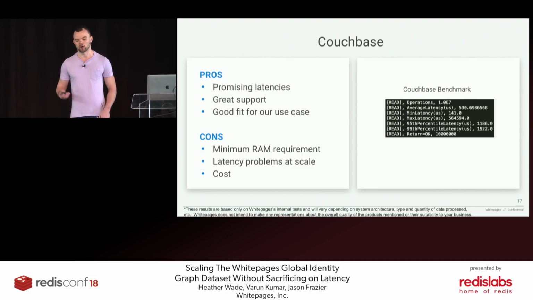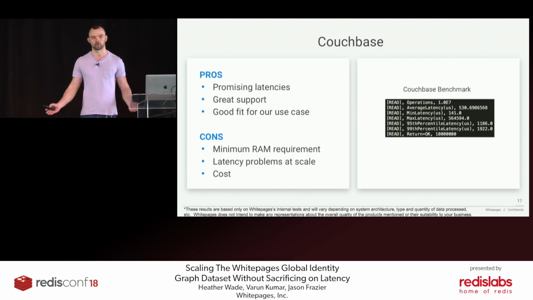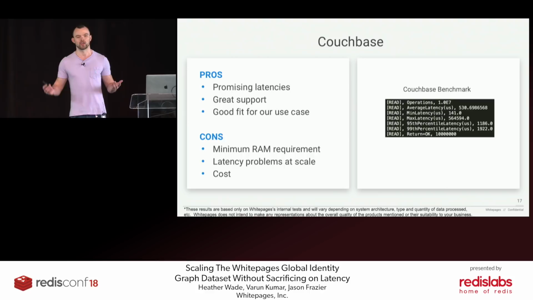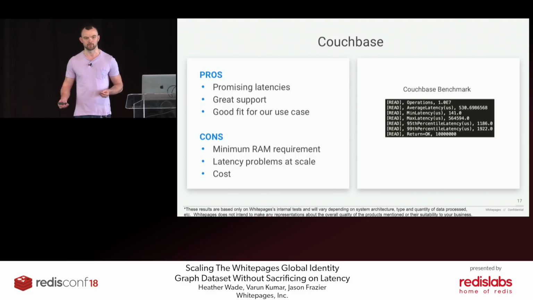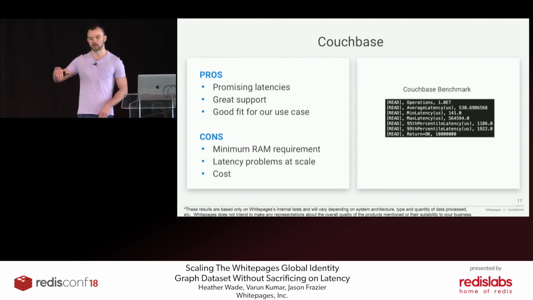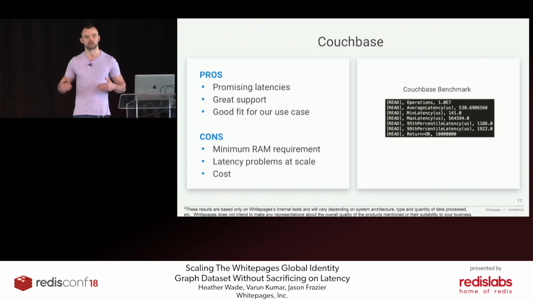And because of that, our latencies started to falter at scale, as all the keys and metadata turn out to be a very large chunk of memory. We were seeing RAM hit ratios of 15, 20% when it came to full-scale testing, and that caused the latencies to falter. We were just sacrificing way too much on latency to go with this solution.